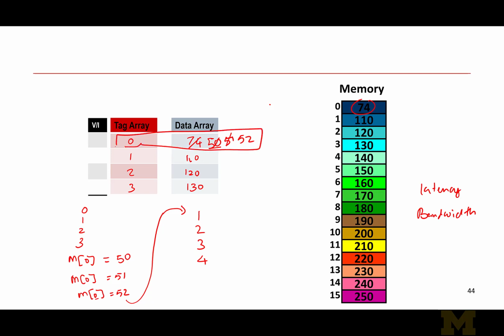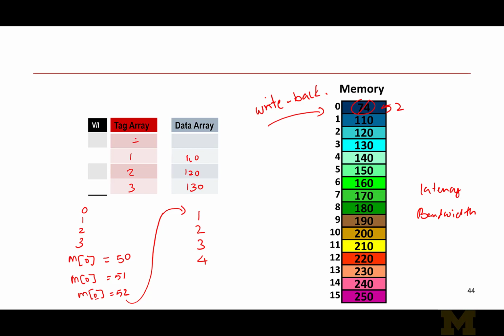Now this cache line has a new data for the address 0, and that needs to be written back to memory. So when a cache line gets evicted from the cache, that is when the latest value gets updated to memory.